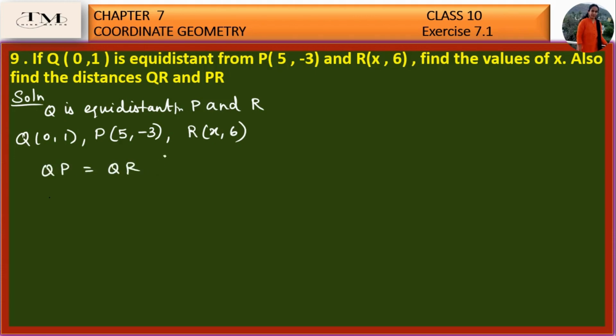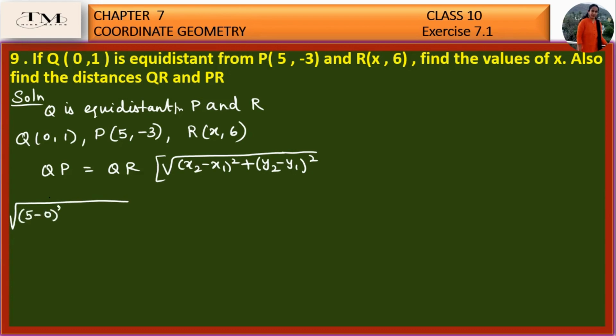So what is the distance formula? It is nothing but root of (x2 minus x1) whole square plus (y2 minus y1) whole square. Applying this formula, you will get root of QP: (5 minus 0) whole square plus, what is the difference between y coordinates? (-3 minus 1) whole square.